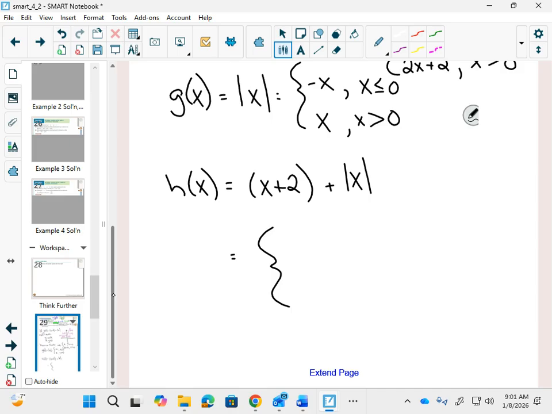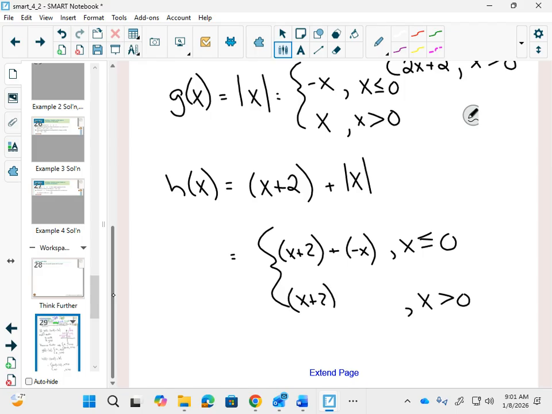And I'll do this in 2 steps, but these were the 2 pieces where the absolute value got broken up, right? And so it could be x plus 2, and if x is less than 0, then that's negative x. And when x is bigger than 0, that's just x.